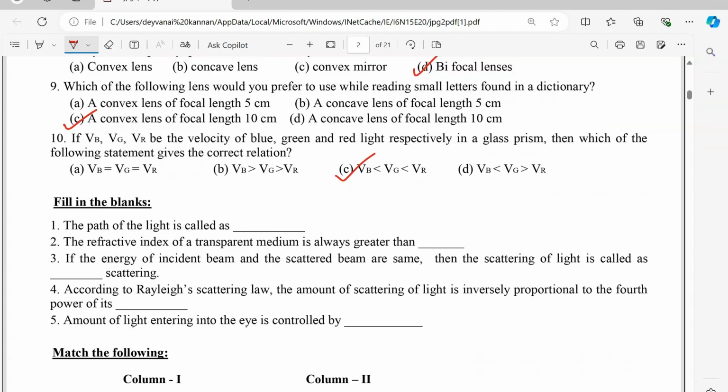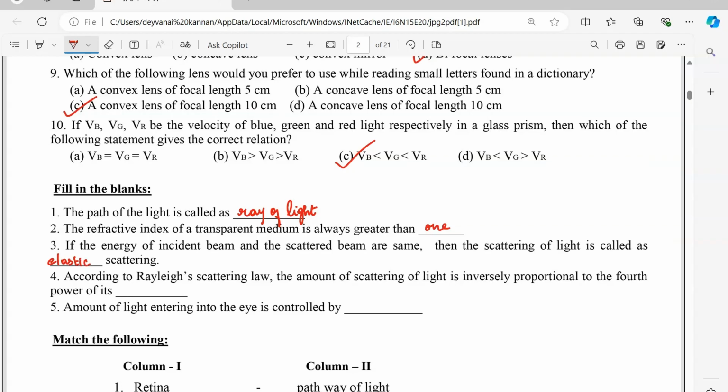The path of light is called a ray of light. The refractive index of a transparent medium is always greater than 1. If the energy of the incident beam and the scattered beam are the same, then the scattering of light is called elastic.